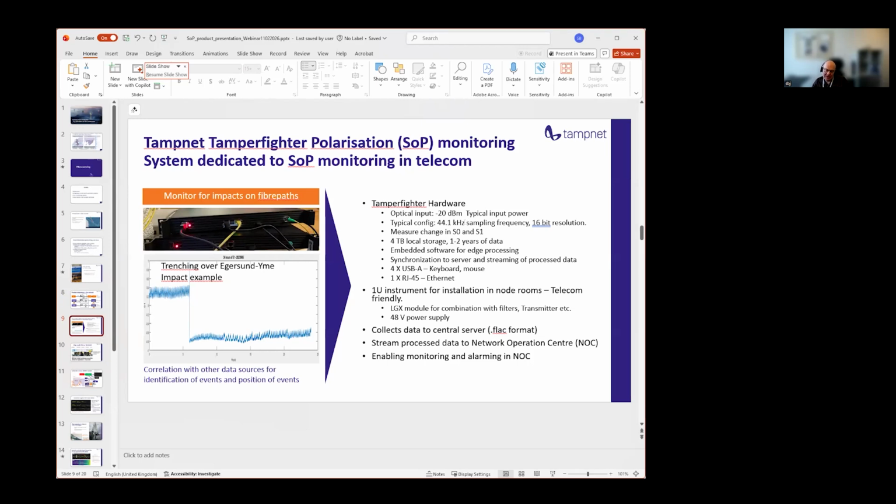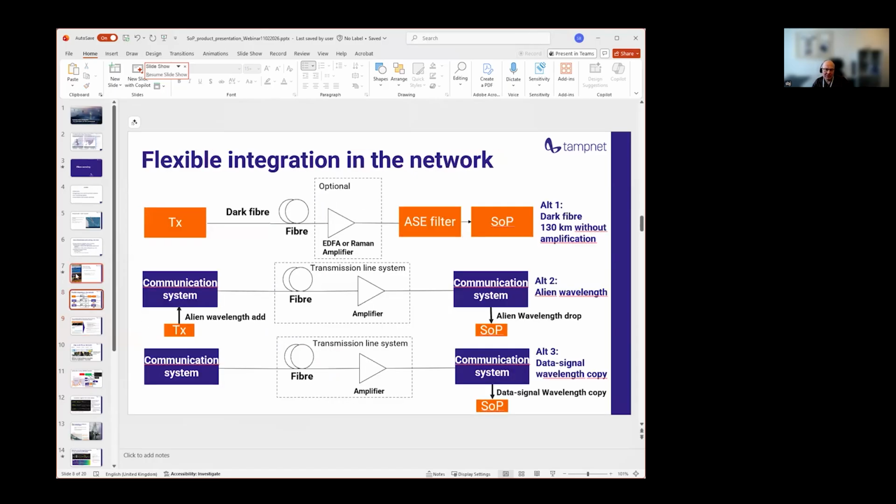We can go up to 192, but it's maybe a better idea to go down on the sampling frequency, because what we observe in practice on the cable, except from the lightning stroke, is maybe up to a few hundred hertz maximum. And we measure only S0 and S1.